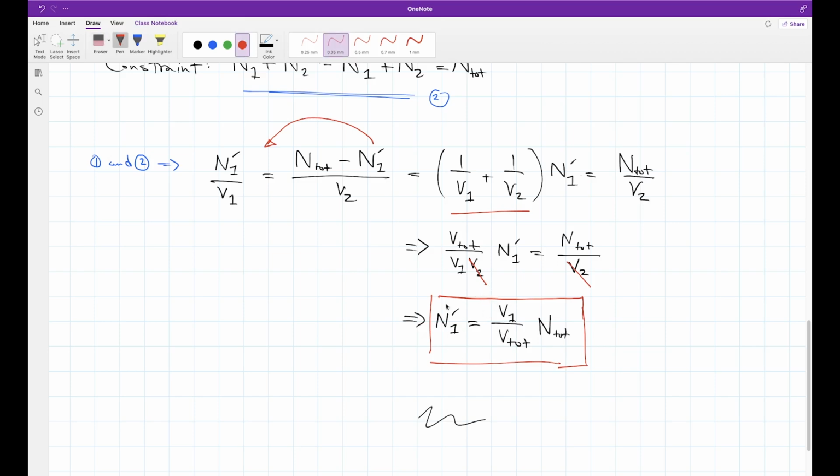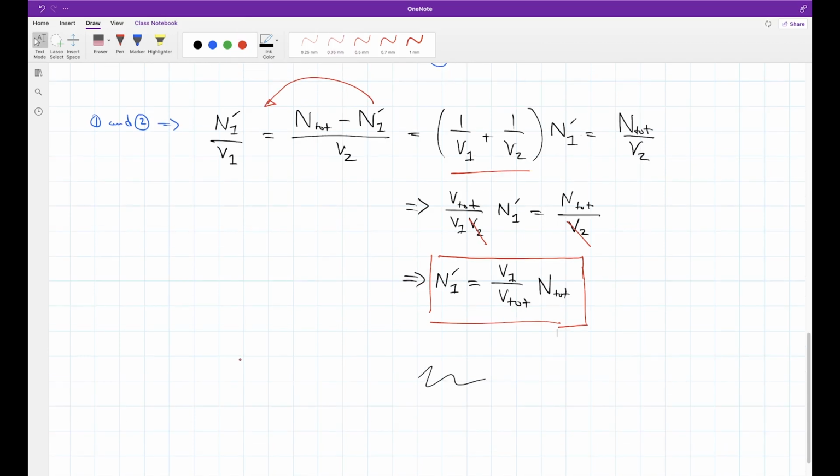And since we're going to fix the particle number to some new value with the chemical join, only the volumes can really determine that. So let me just make a note of what we found. Box 1 gets particle number in proportion to its fraction of volume.